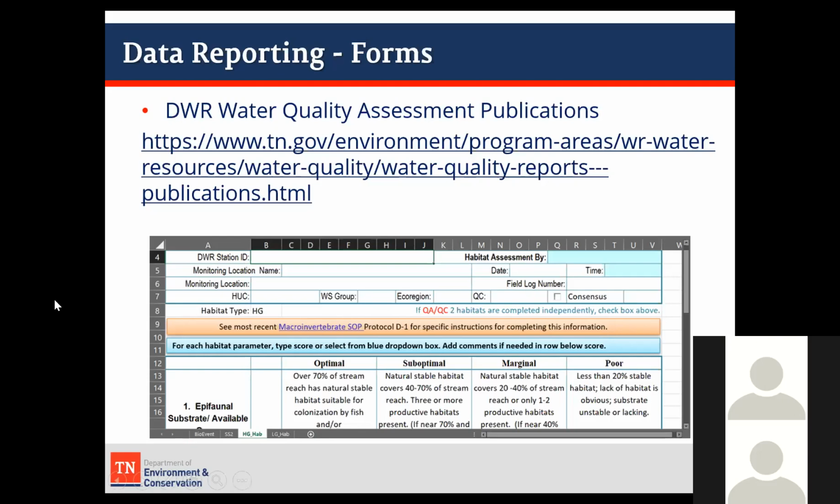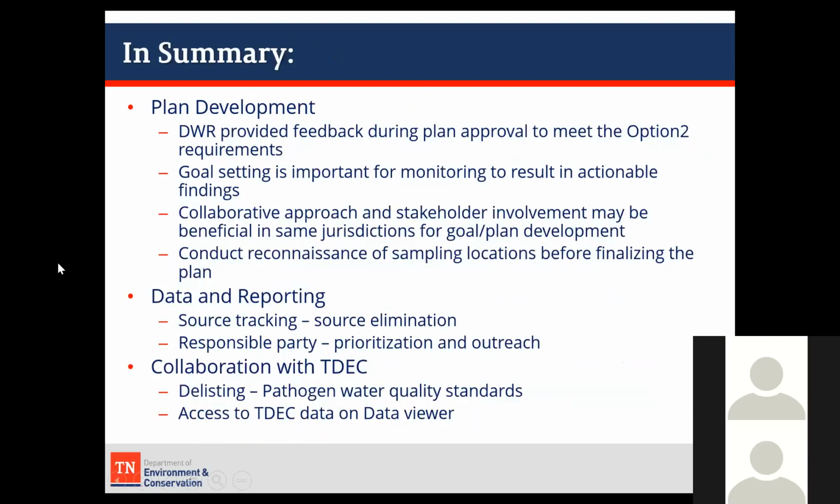But at the same time, we want your data. Again, the data that you were able to provide helped us delist some streams, and so we really would love to have that in hand for us to use as well. So we'll keep that in mind, David, and I appreciate that comment.